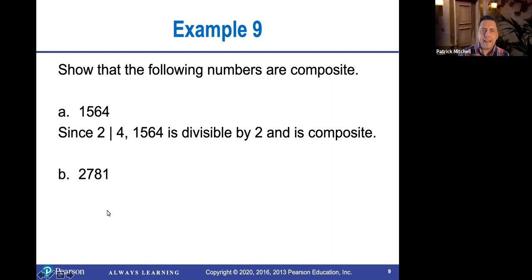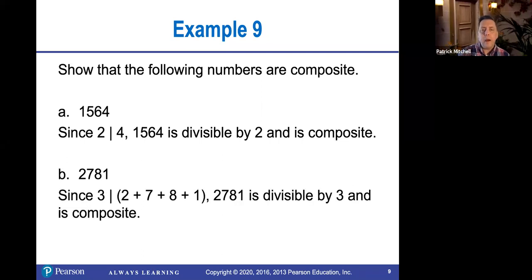That is not an even number, so that is not going to have a divisor 2. However, since 2 plus 7 plus 8 plus 1 is 18, remember in the last section we talked about divisibility tests. That means since 18 is divisible by 3, the number 2,781 is divisible by 3. So both of those numbers are composite.